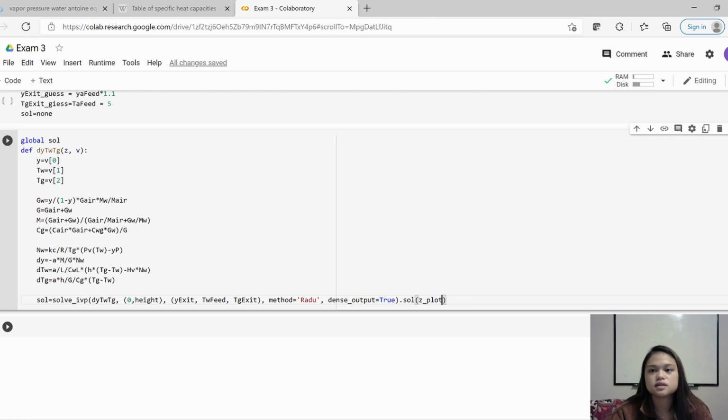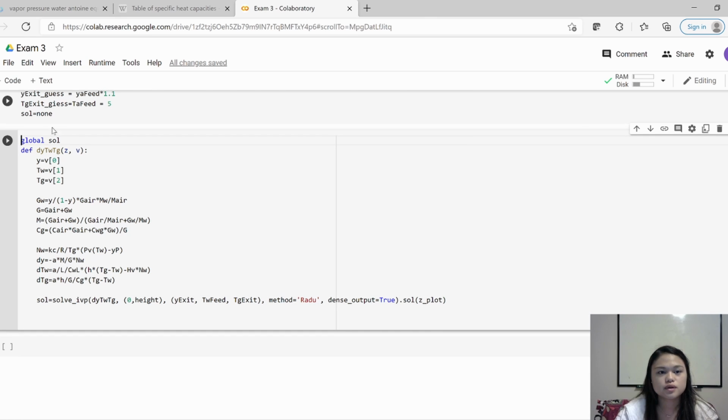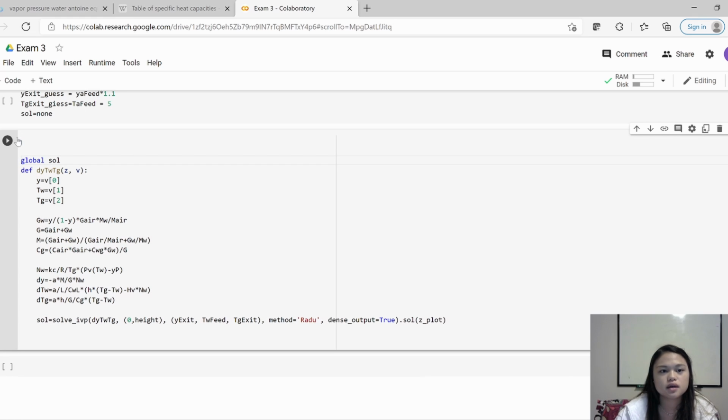in those parentheses. So now what we want to do is create a function because we want our initial guesses to converge. And this is where our root finding is going to come into play. So first I'm going to define that function as converge, feed air temperature, and that mole fraction.